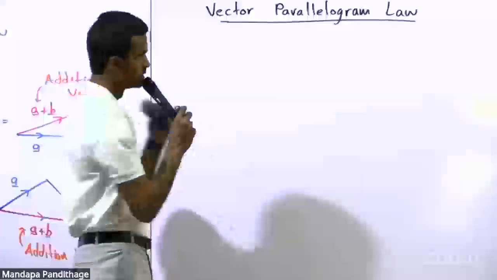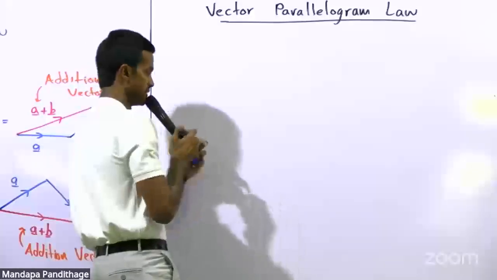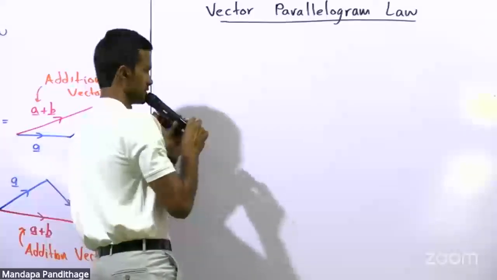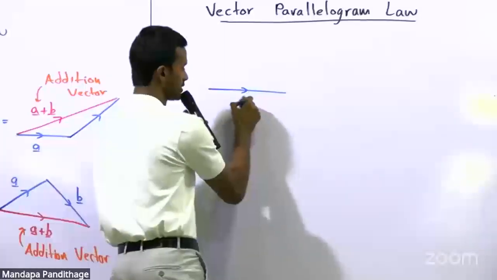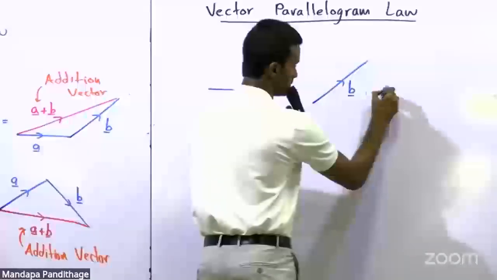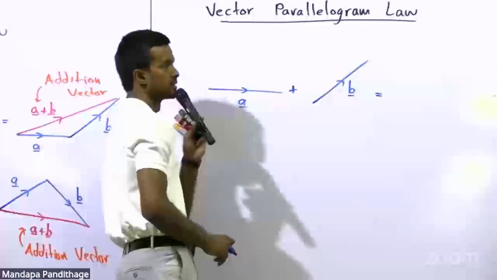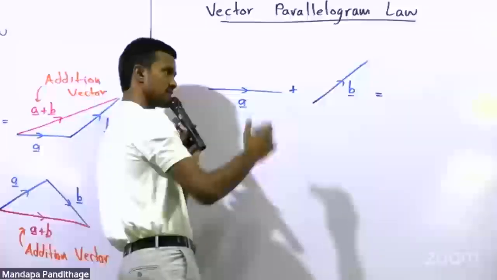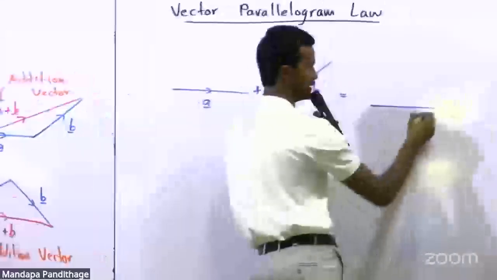So what does the vector parallelogram law state? Listen. Now let's say we are having, again, two vectors with two different directions. And now when you denote these two vectors by the adjacent sides of a parallelogram, adjacent sides means the sides that are connected.